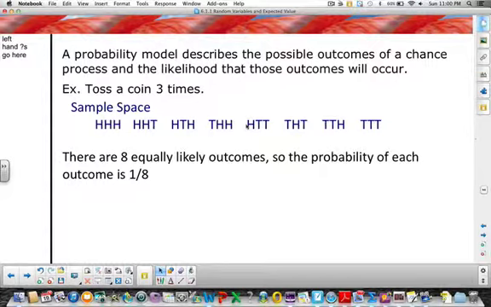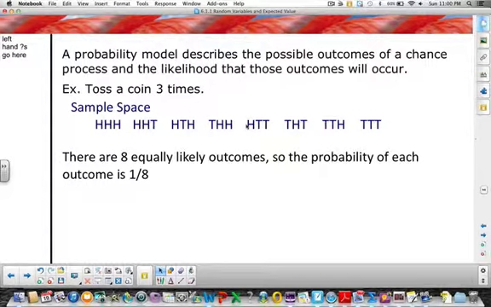So now what we're going to do is look at the probability distribution. This is like the probability model of that random variable which we're defining as x. It's random because we don't know what value it is going to take on in the short term, but we can predict what values it takes on in the long term. So here in the top row, we're looking at what values x can take on, 0, 1, 2, or 3.